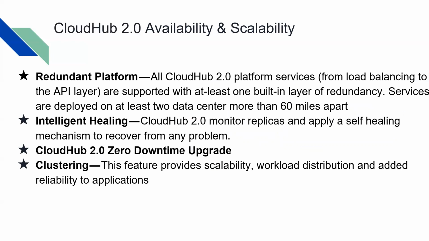What about scalability and availability? CloudHub 2.0 provides better availability and scalability features. It has a redundant platform. All CloudHub 2.0 platform services are supported with at least one built-in layer of redundancy. These services run on at least two data centers, and those data centers are at least 60 miles apart geographically.